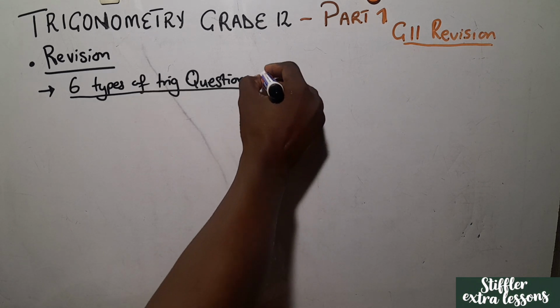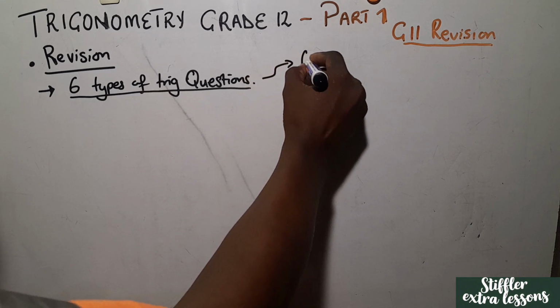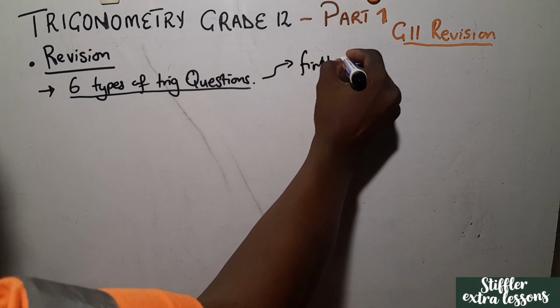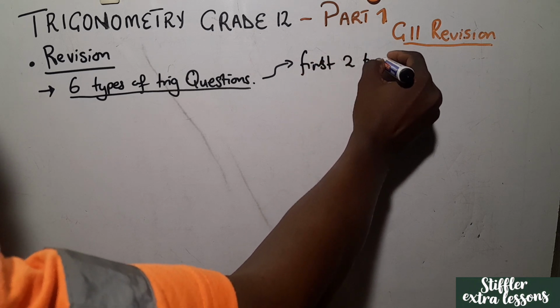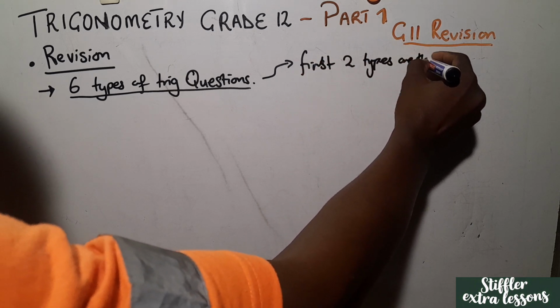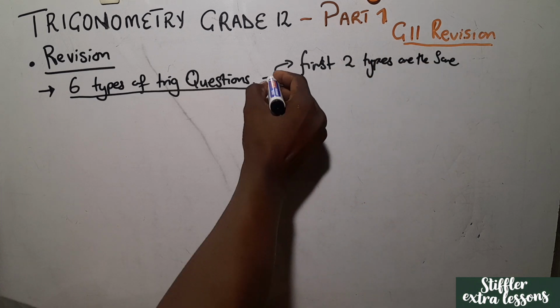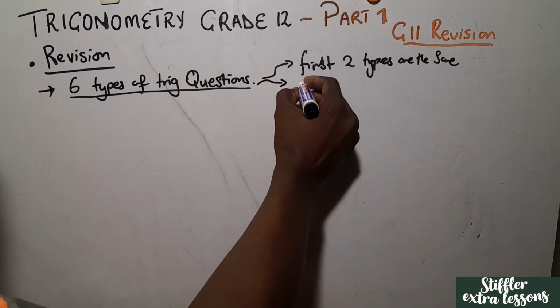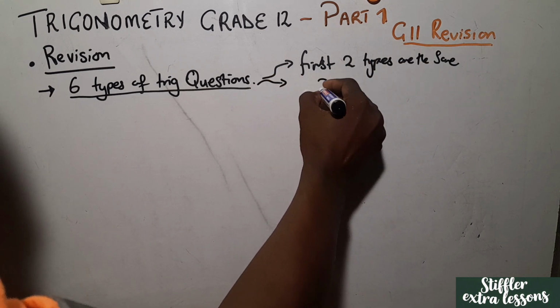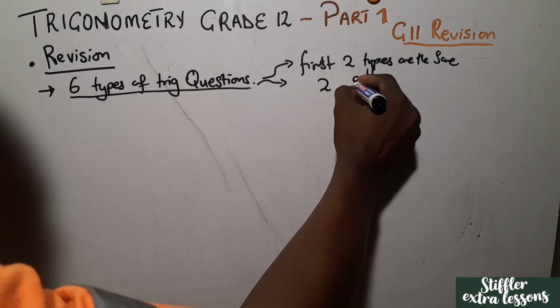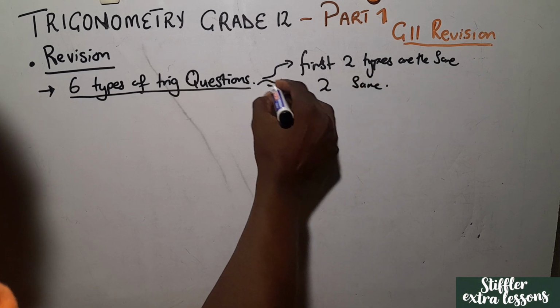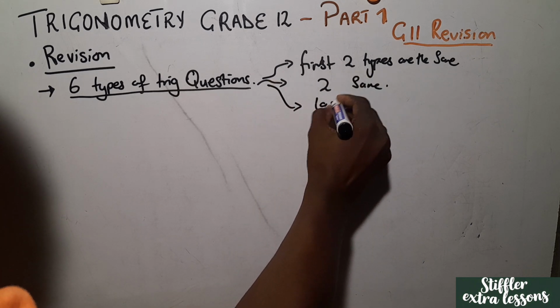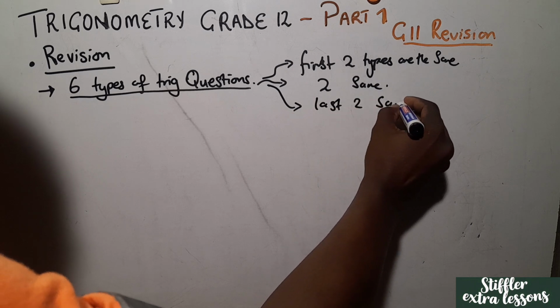The first 2 types are the same. You solve them with the same method, and the other 2 also are the same, and the last 2 are also the same.